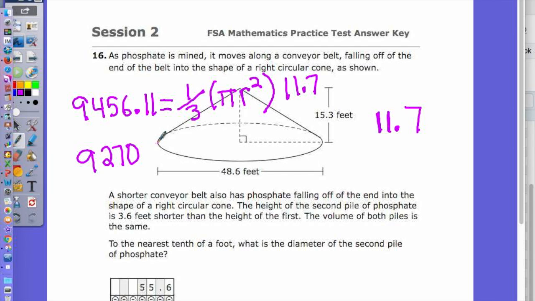But 24.3 times 24.3, right? Times 3.14. Okay? Times 15.3 divided by 3. I don't know what you did wrong.